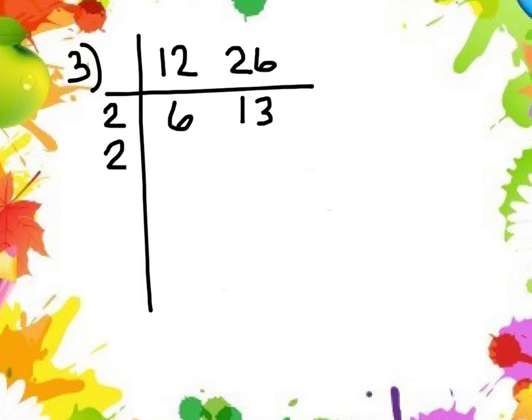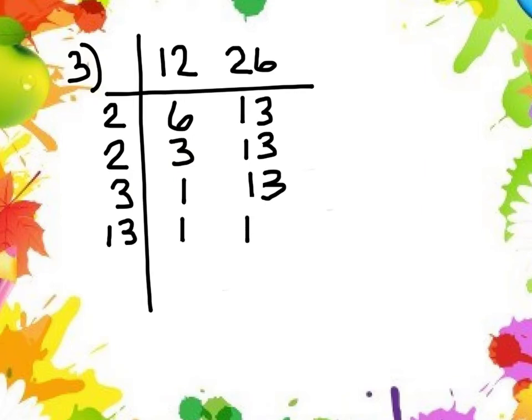If we divide by 2 once again, this will be 3, and this stays as 13. Then we're going to put here a 3 so that we can eliminate these, and 3 divided by 3 is 1. Then we have the 13.